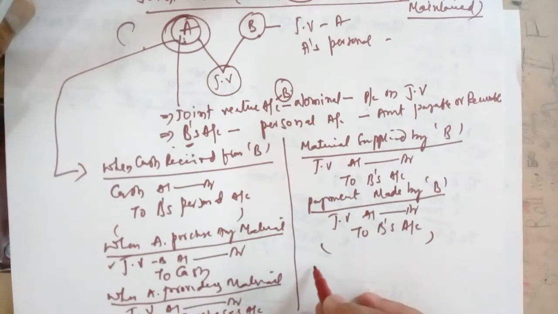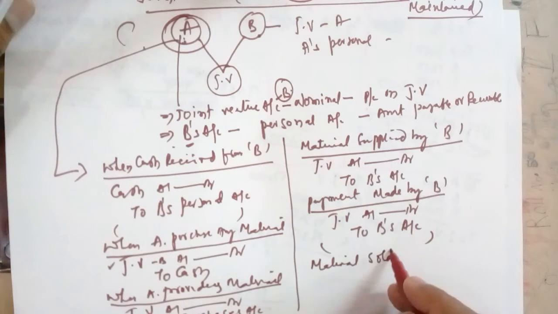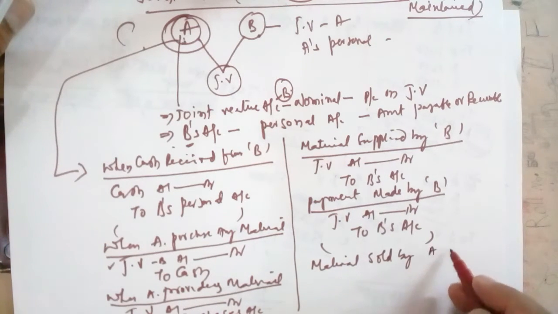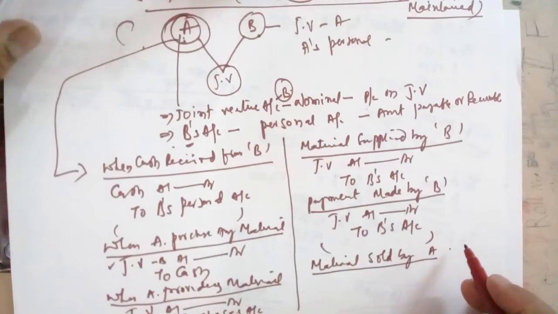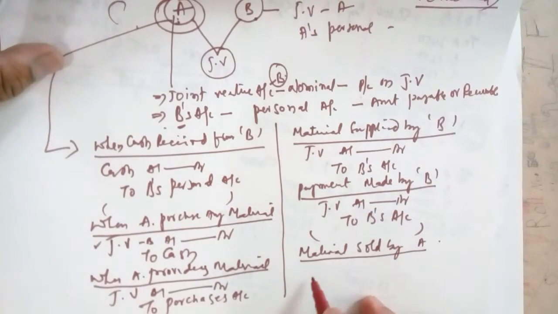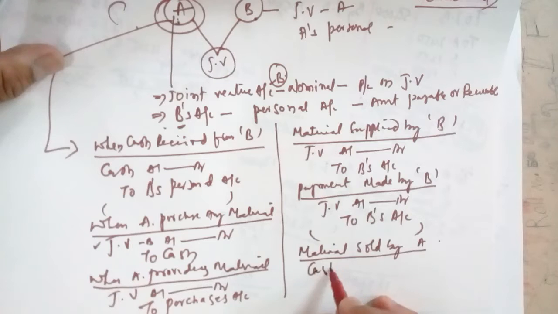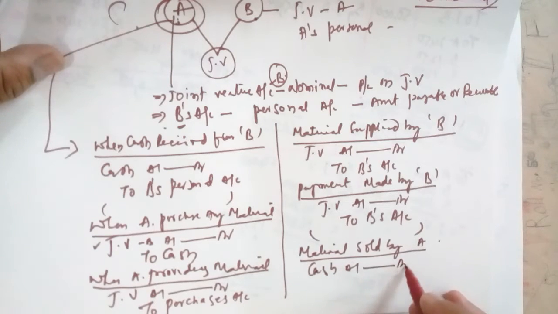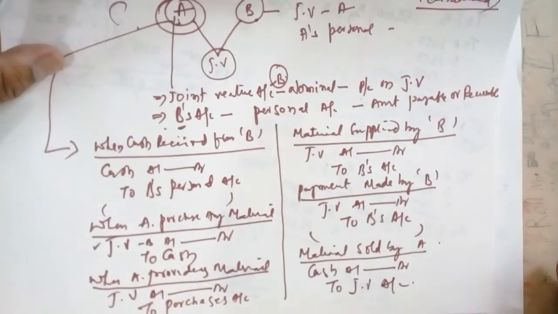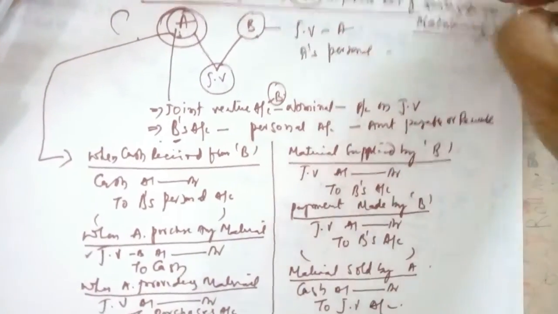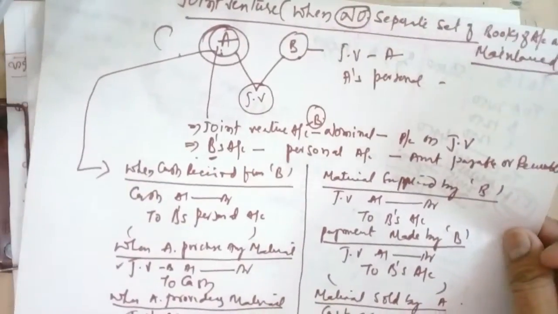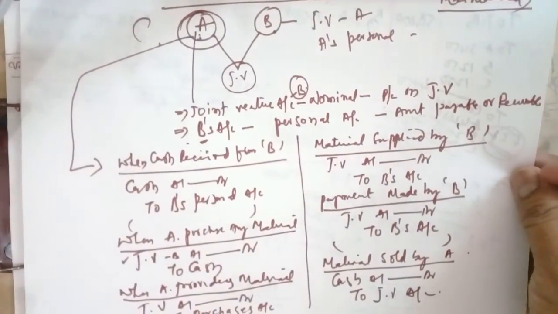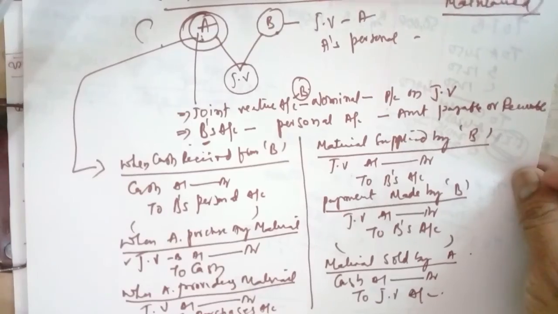Then what will happen when material is sold by A? When A sold the material, what will be the entry? Cash account debit to joint venture account, as it is an income for the joint venture. Clear? So in this way, when material is sold, the entry would be cash account debit to joint venture.